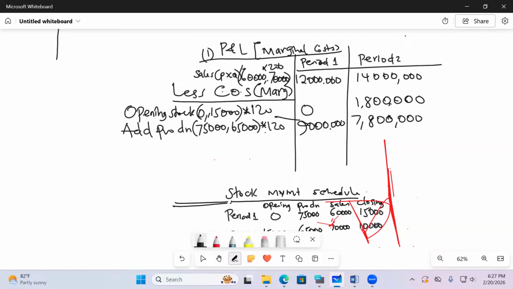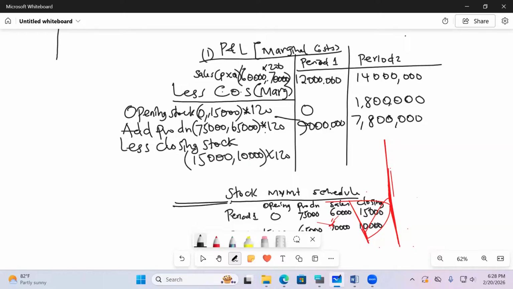From this, we shall straight away go under less closing stock. Are you able to see the closing stock units here? 15,000 and 10,000, isn't it? And we know it's still a stock item, which is being valued at 120.